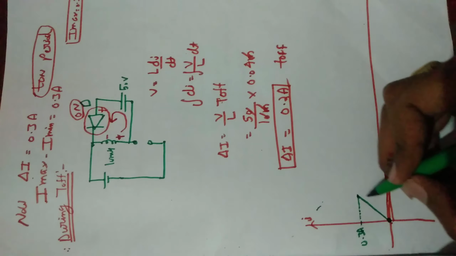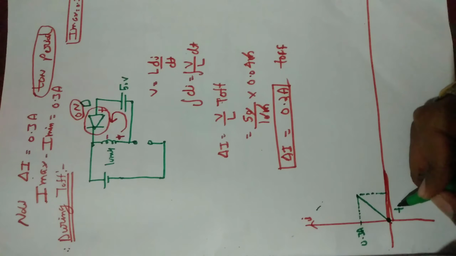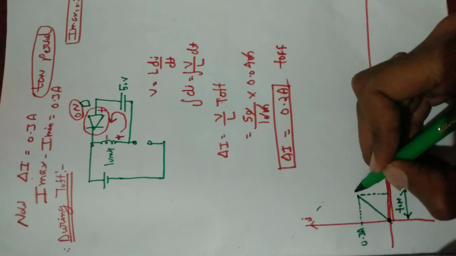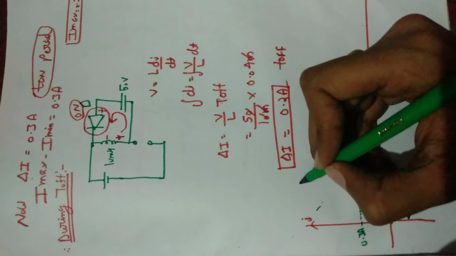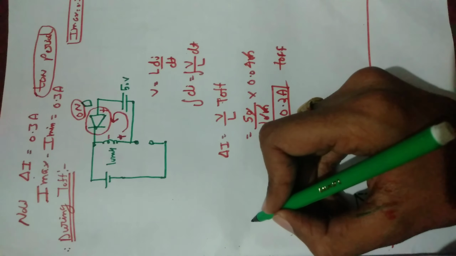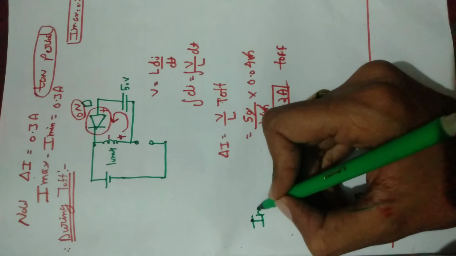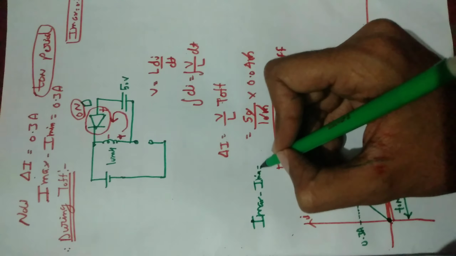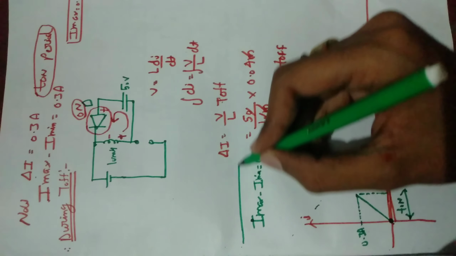Now this is the T on period. After that, this is also a peak to peak current, I max minus I min equal to 0.2.